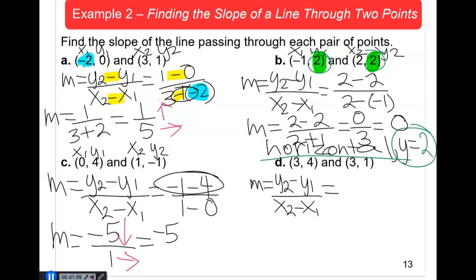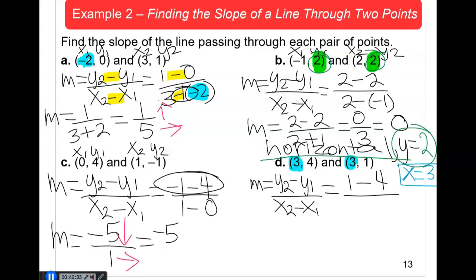Because if you have to take pre-calc 2 and calculus and other classes, it's just very useful to know it. So y sub 2 is going to be a 1 minus y sub 1, which is a 4. Now here, if you notice, the x values are both the same. So at this point, I can tell you that the equation of the line is going to be x equals that number, which is 3.